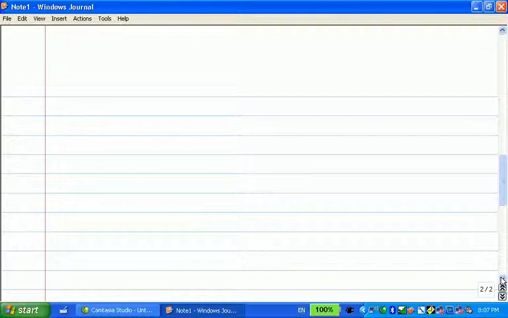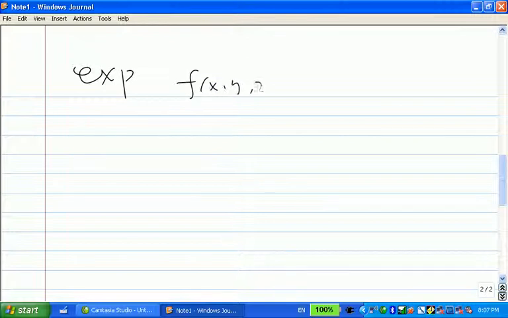Now let's look at how we find the partial derivative with an example. f(x, y, z) equals e to the xy and ln z. This function depends on three variables.